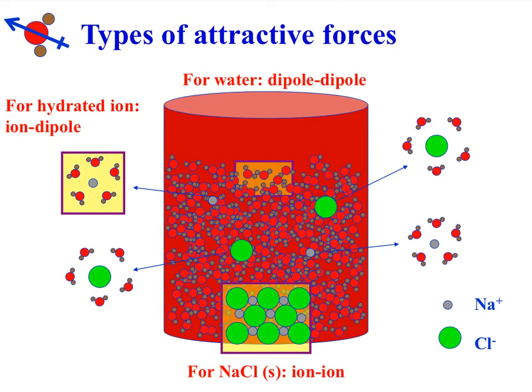So for this, again, what are these things called? Well, the interaction between the water molecules again is dipole. Why? Because this has a dipole, one positive, one negative, two poles, right? North and south pole, positive and negative pole of a magnet, positive and negative pole of this molecule.